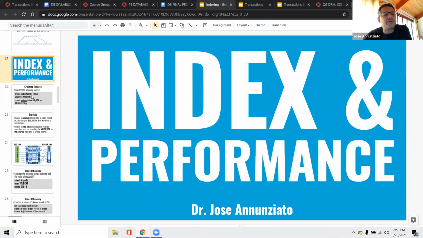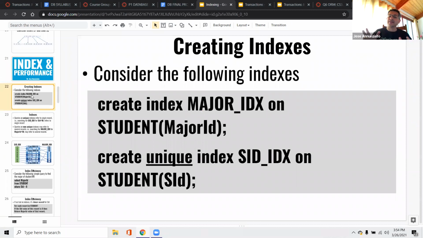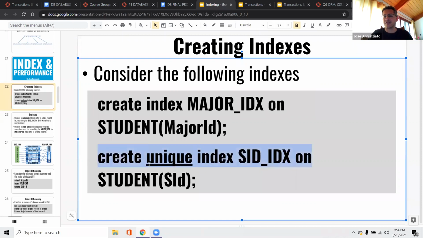So we had talked about that depending on whether you chose to implement a unique index or a non-unique index, you could get vastly different performance. We saw that you would get much more performance if your indices were on unique keys as opposed to non-unique keys. Here we have creating an index on a primary key, which is unique, and here's creating an index on a foreign key, which is not unique.